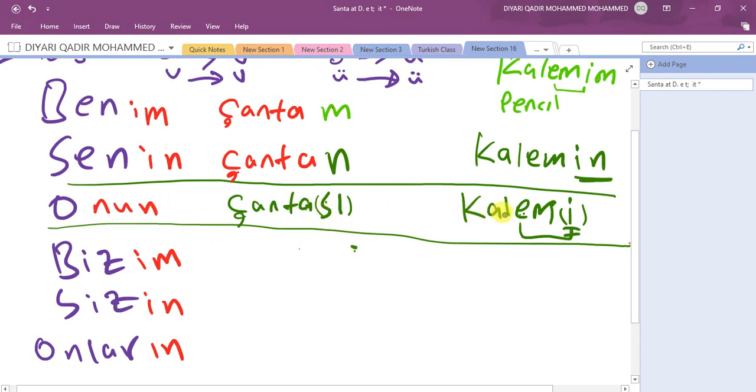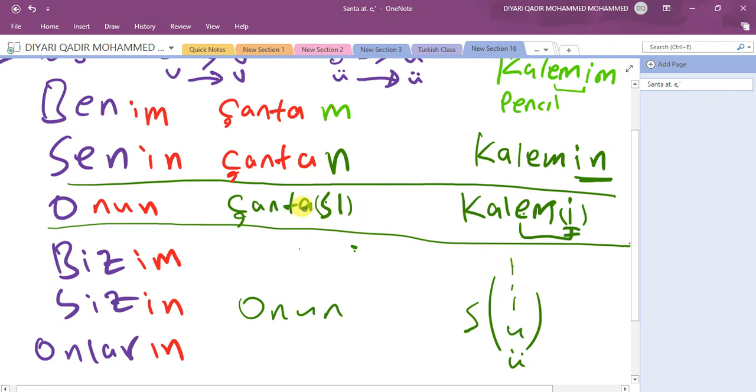We said that if it was kalem, we would say e. The original second suffix of onun is e, u, ö. This is the original suffix for onun. But when a word ends with a vowel, that's why we put an s, and then we put any of these according to the format of the word. If the word ends with a, then we select this e.